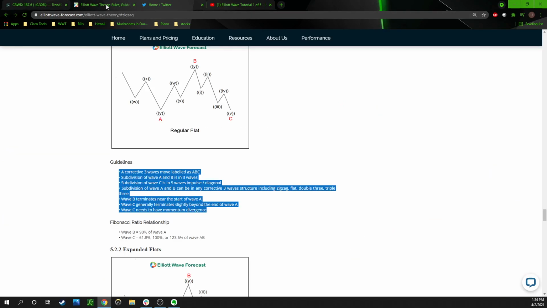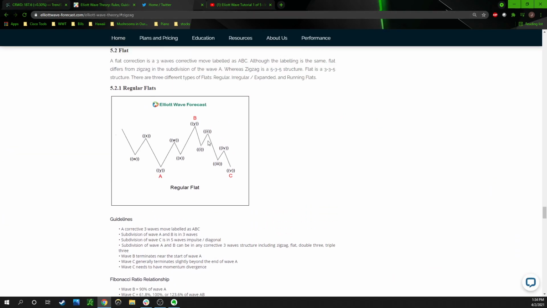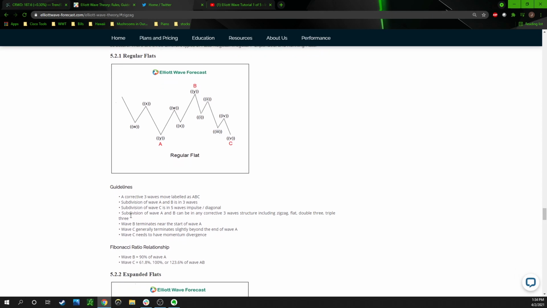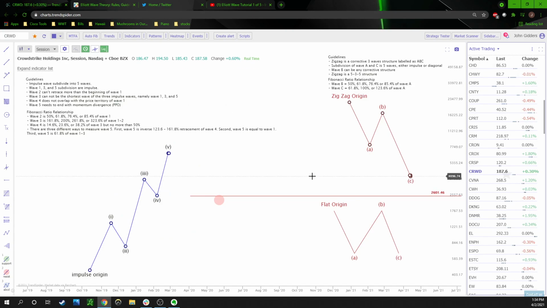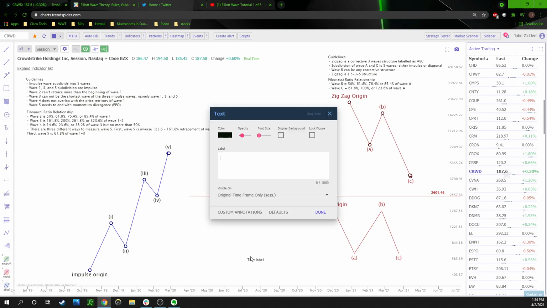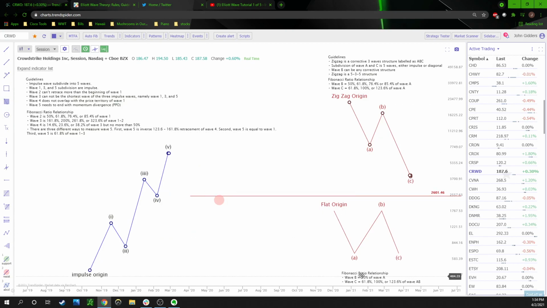And to pull those up, I take them from here, which is Elliott Wave Forecast. Right here, the regular flat. Head back over. So we're looking for 90%. See, so the structure here looks more like a rectangle, while this structure looks like a lightning bolt.